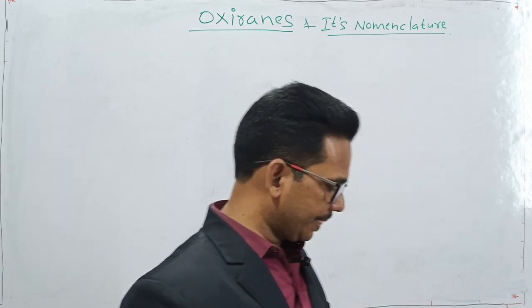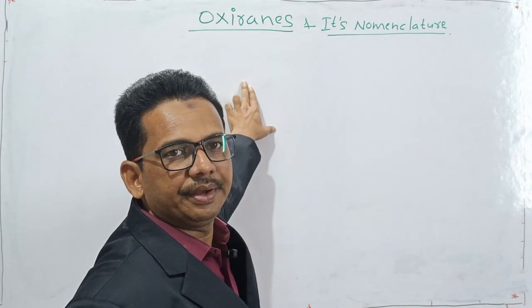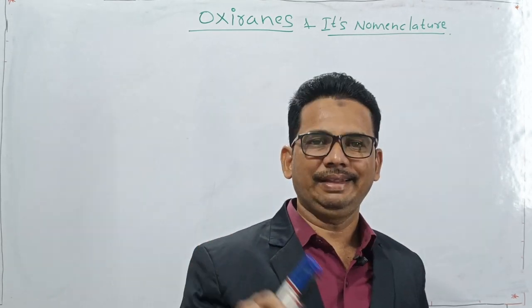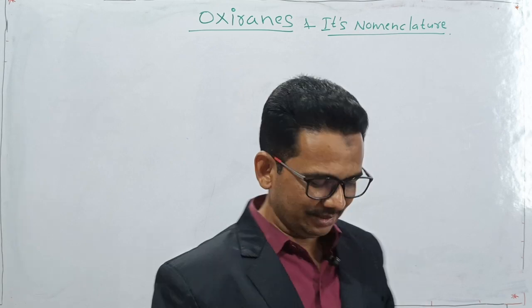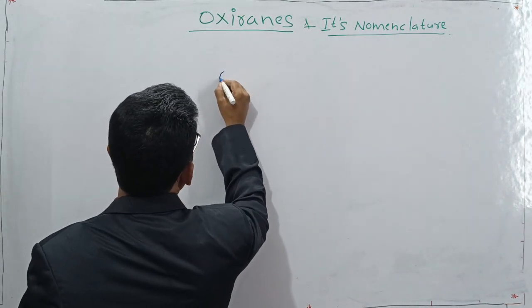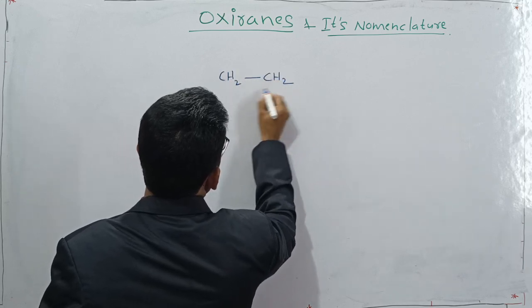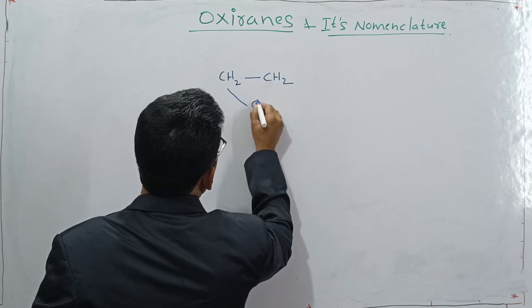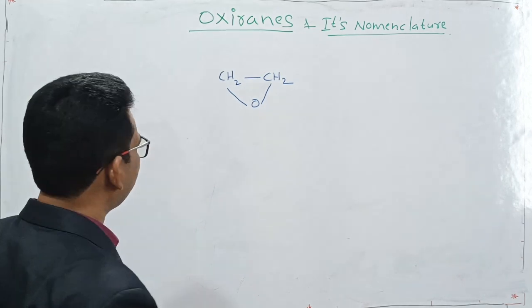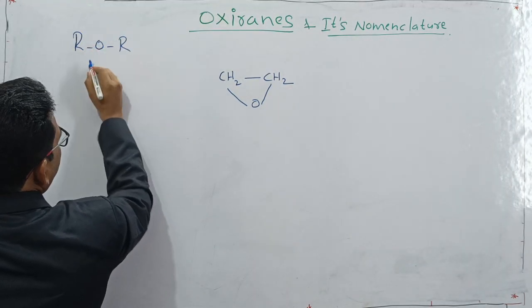oxiranes. Now see, oxiranes are nothing but three-membered cyclic ethers. CH2, just see. What is the formula for the ether? ROR.